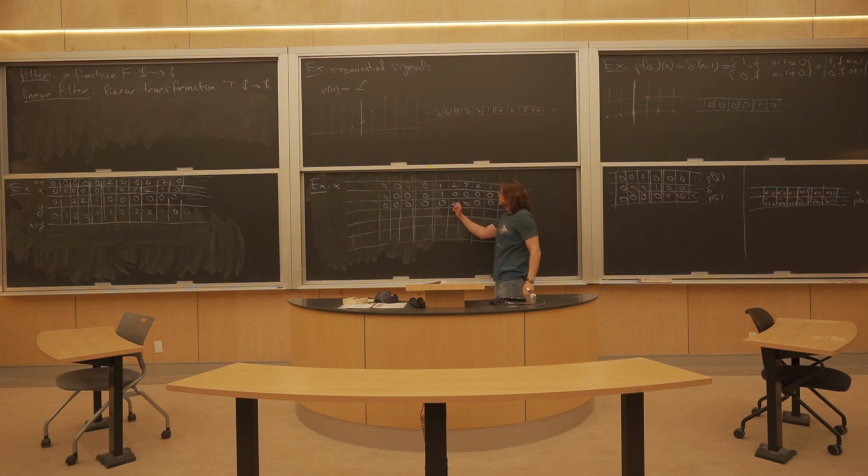So you see what I'm doing is I'm splitting my original signal into signals that are non-zero only at a single time. And then 3, 2, 1. And everything else is going to be 0.